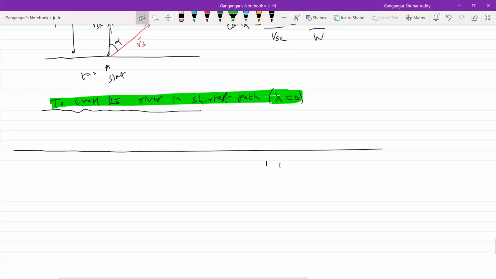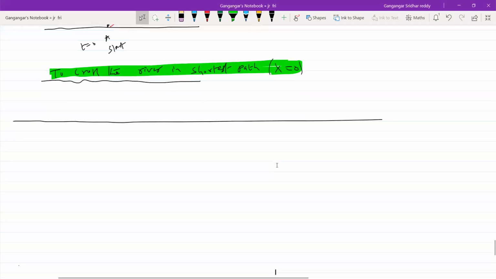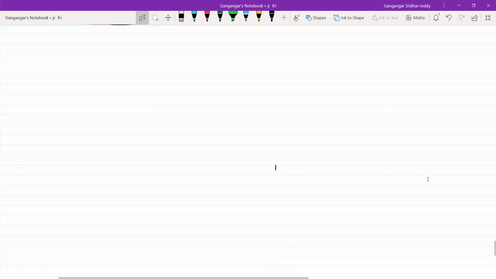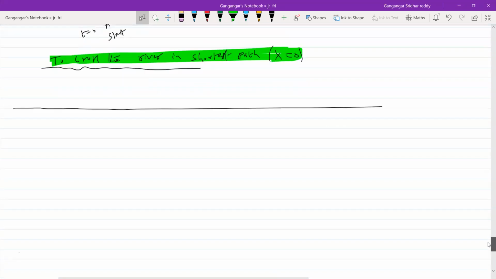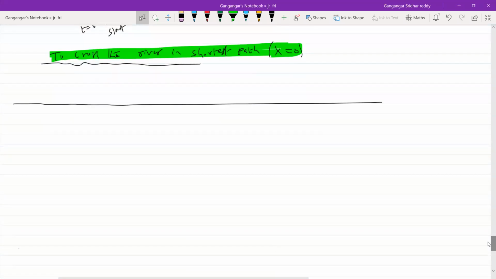Okay, let's come for this one. Now let's say there's another bank. Shortest path. What do you mean by shortest path?